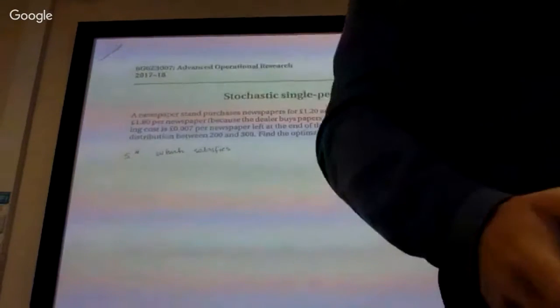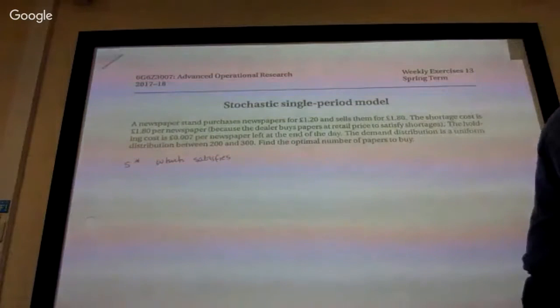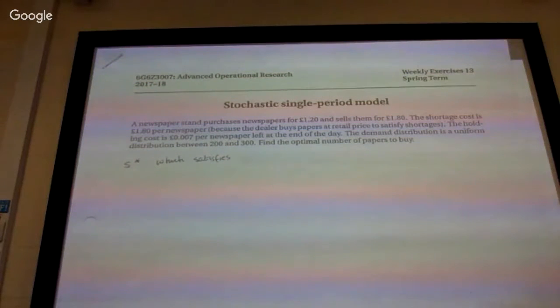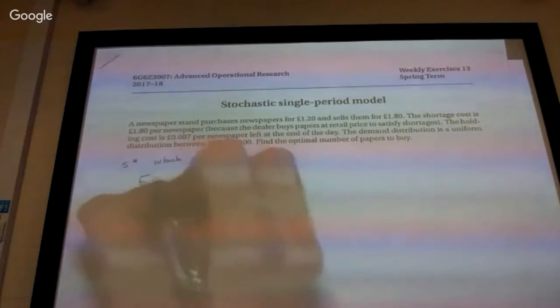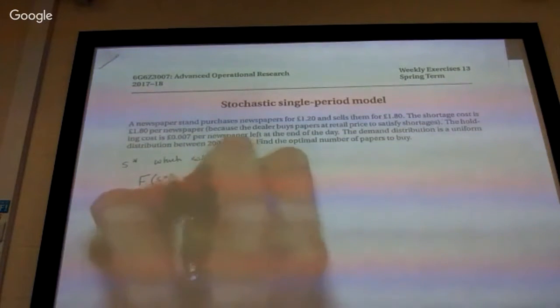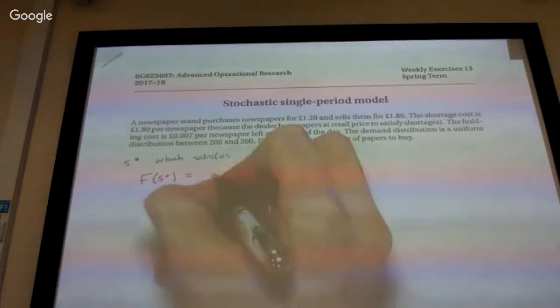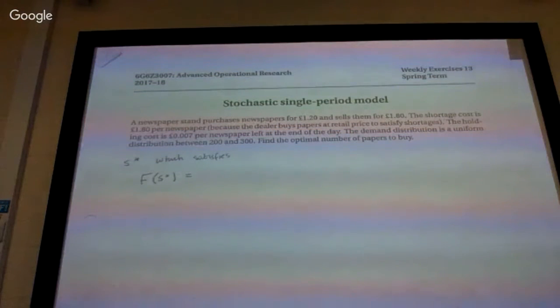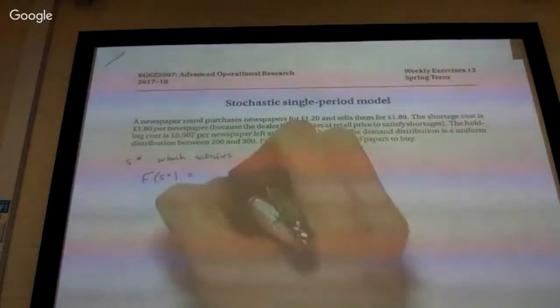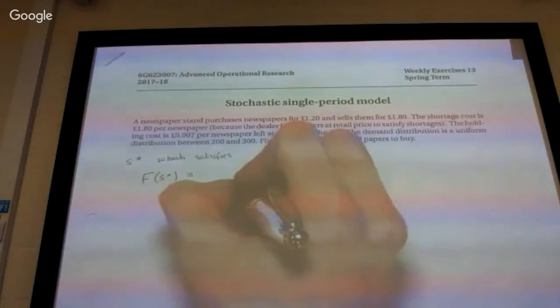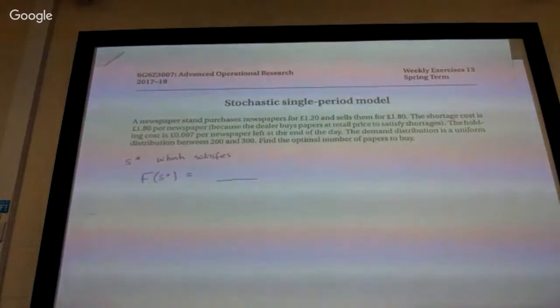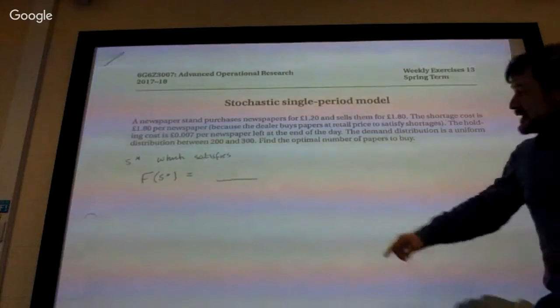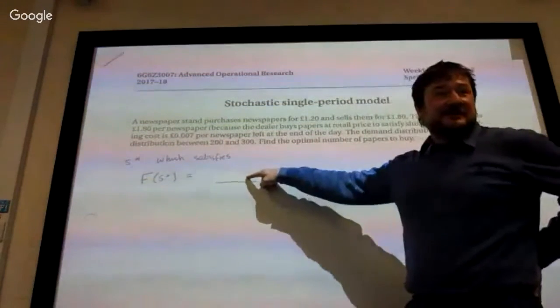Okay, do you have that? F of S star, big F, equals a fraction. The fraction line has to go level with the equal sign.